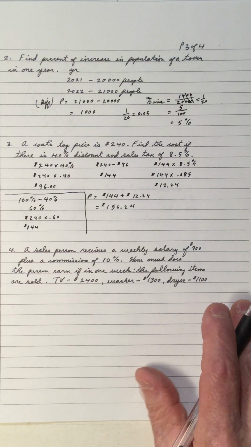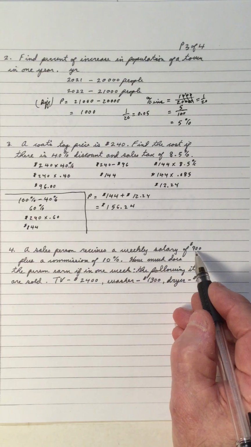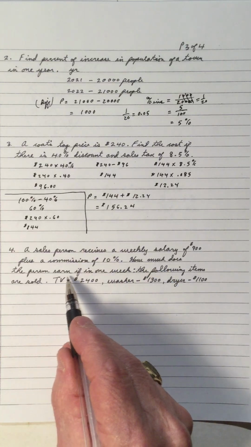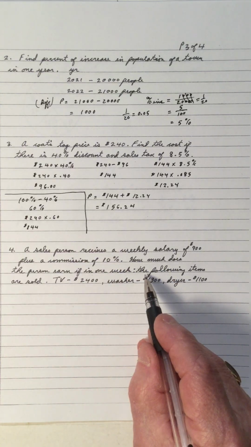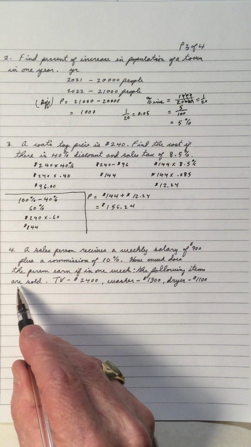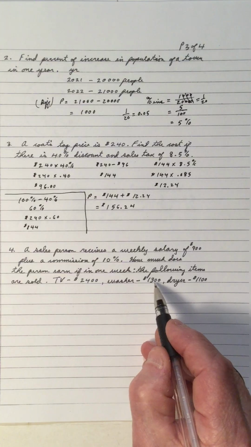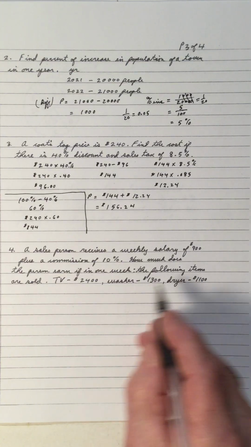Number 4, a salesperson receives a weekly salary of $900 plus a commission of 10%. How much does a person earn in 1 week if the following items were sold? A TV, $2,400, a washer, $1,300, a dryer for $1,100.